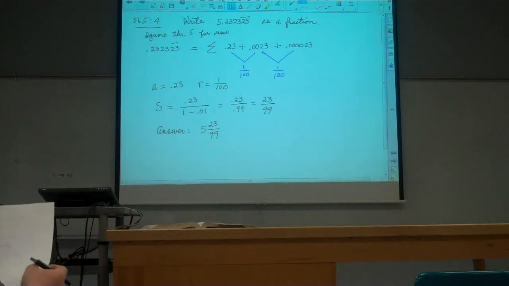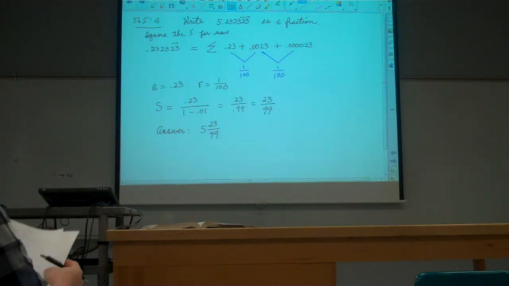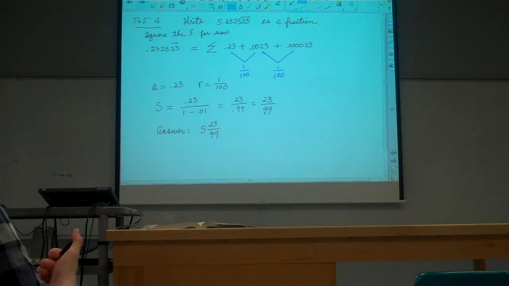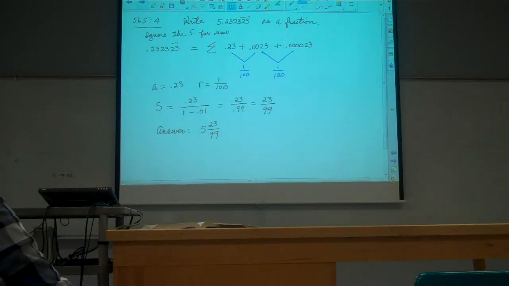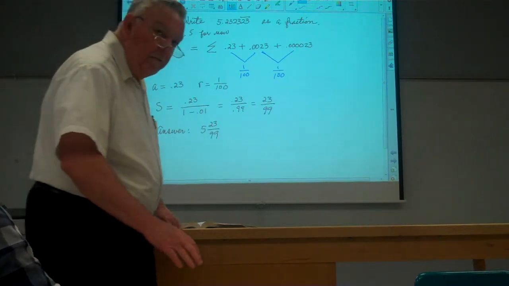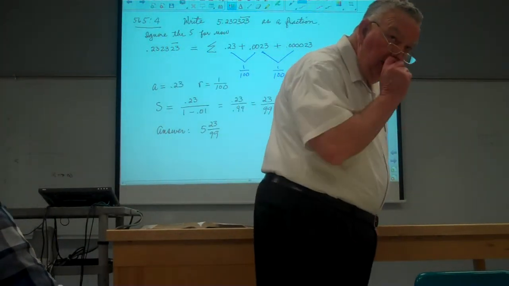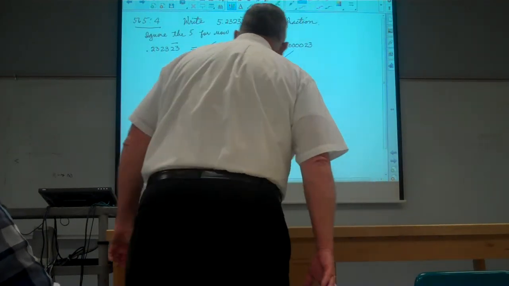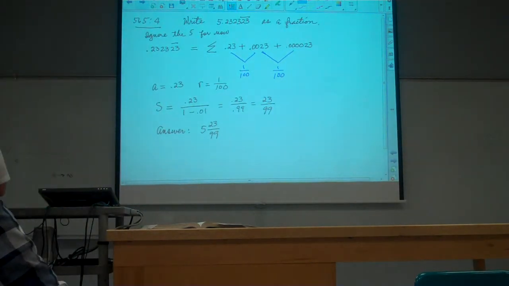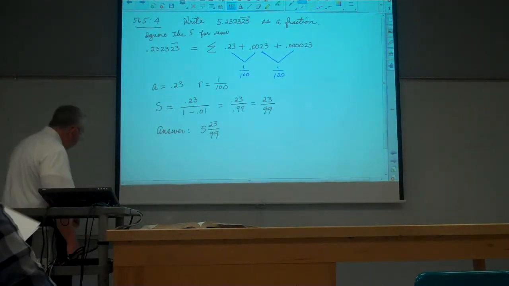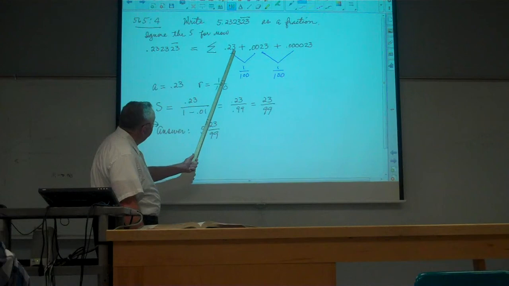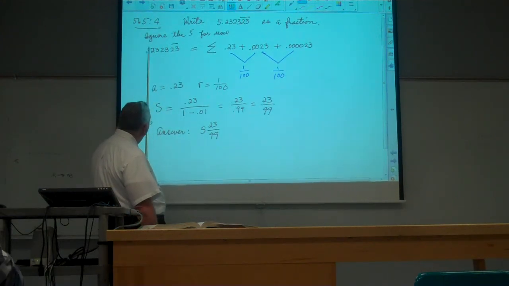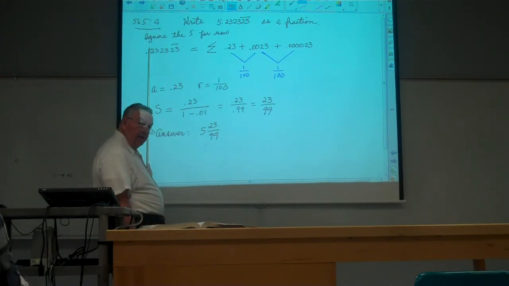Okay, questions? The way that you did this, I feel like you just kind of chose to do that. You didn't do what you did in the past by keeping what you had and then adding. When you had the 0.232323, you just added. Yeah, what I was doing is, this takes care of those first two, right?